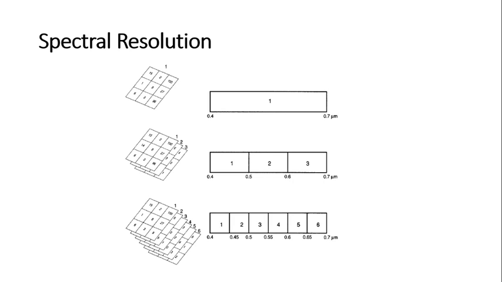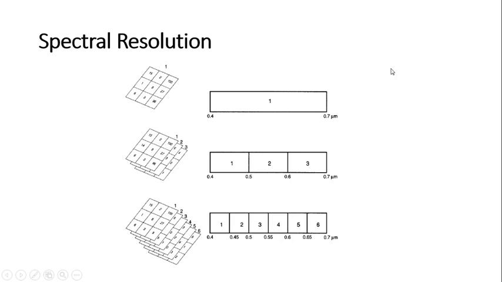Now, you can see there is a figure which I am showing you. This is a hypothetical representation of a remote sensing system with different spectral resolutions. The first representation shows the DN values obtained over 9 pixels using imagery captured in a single band.